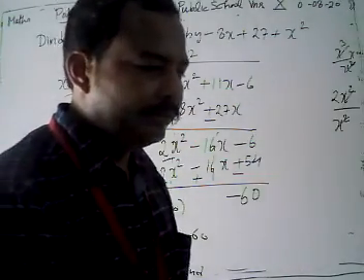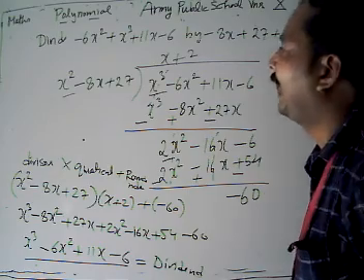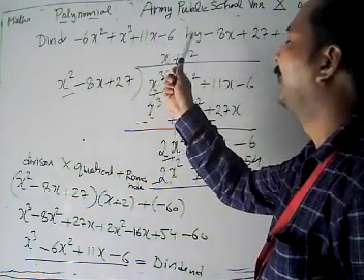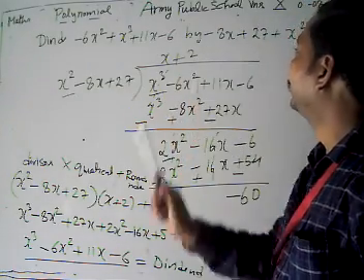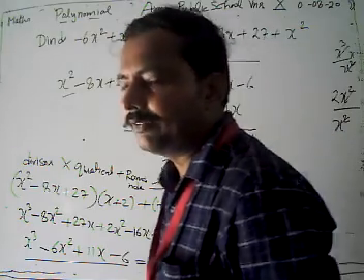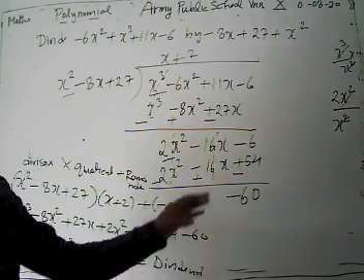Now look again, what is the problem? We are given that we have to divide minus 6x square plus x cube plus 11x minus 6 by minus 8x plus 27 plus x square. Here we have verified our division algorithm, and we have to verify the division algorithm there also.